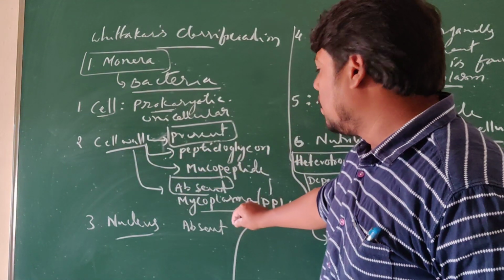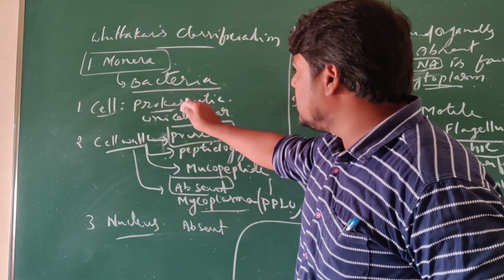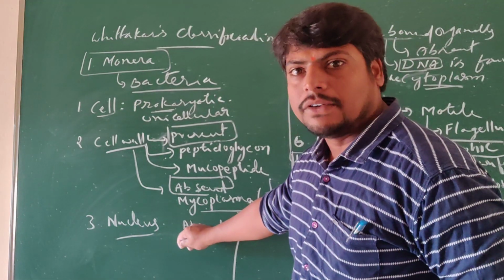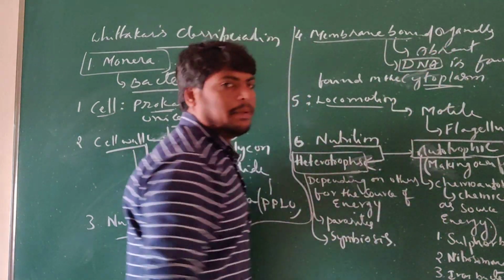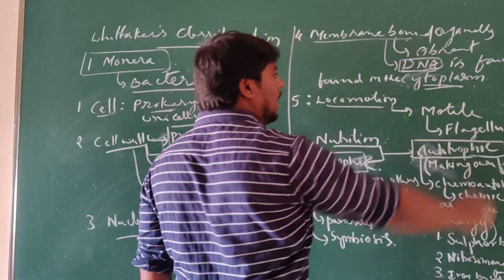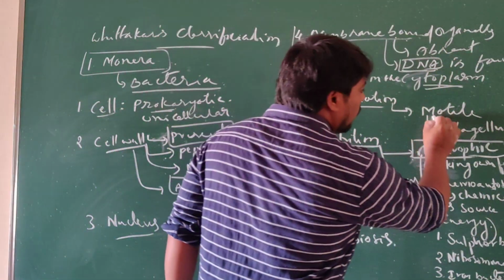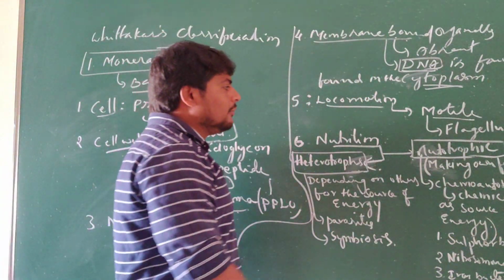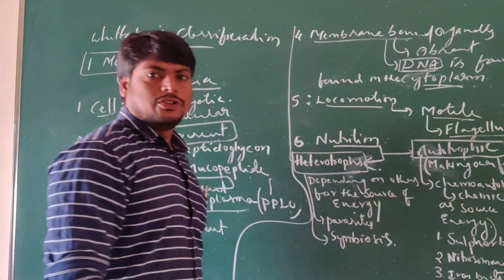These organisms do not have a nucleus or any membrane-bound organelles, but they contain DNA as genetic material found in the cytoplasm. They can move from one point to another, so they are called motile, and they use flagellum for locomotion.